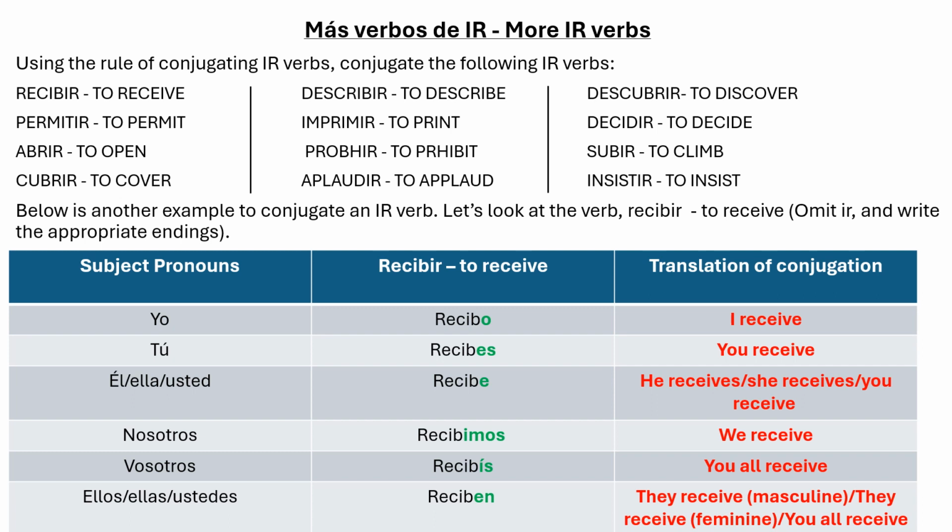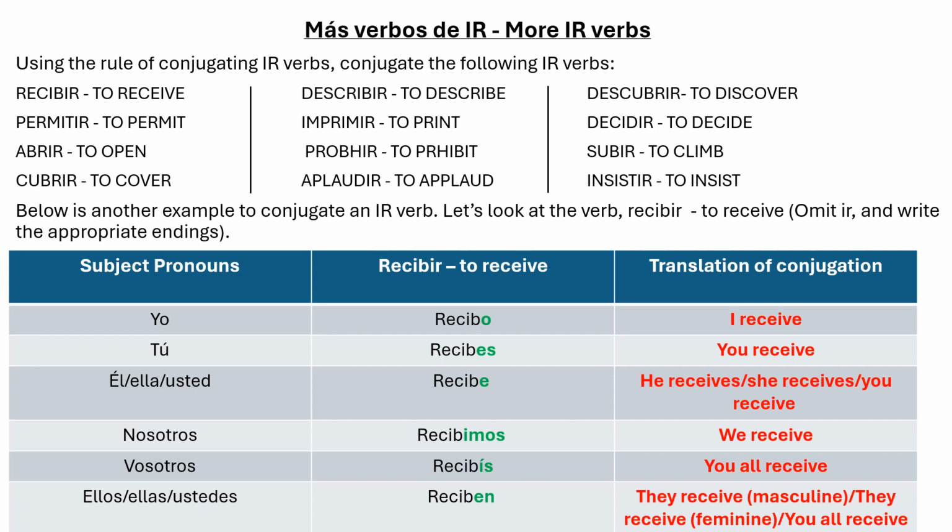Now below is an example of how to conjugate IR ending verbs. Another example basically. So before you conjugate all these verbs which are IR ending on the screen, please have a look at another IR ending verb which has been conjugated here so that you can refer to it. So again, in order to conjugate the verb recibir, what do I do?